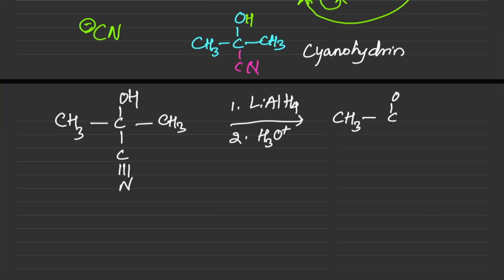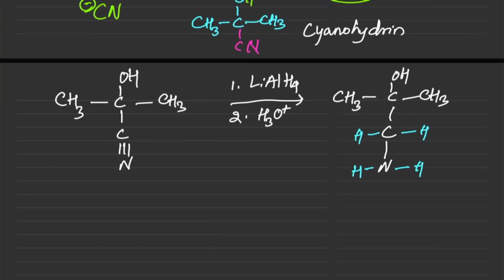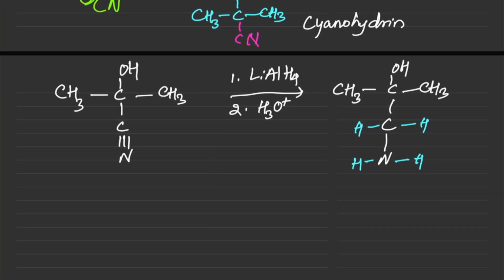We can reduce C triple bond N. Reduction means addition of hydrogen. So the triple bond is going to be gone. Now it's going to be all single bonds. Now, how many bonds more are needed for carbon? Two more. How many bonds more are needed for nitrogen? Two more. And we're just going to add hydrogens. So this is a great way to form an amine.